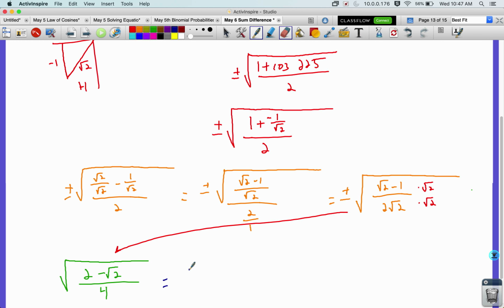I think the best we can do is distribute the square root to the top and the bottom and make this 2 minus root 2 all over the square root of 4, which is a 2. But I do not think that can be broken down any further. So we will leave it like that. And there's still a plus or minus in front, which is implied by the square root, but it's still useful because sometimes we throw out the negative.